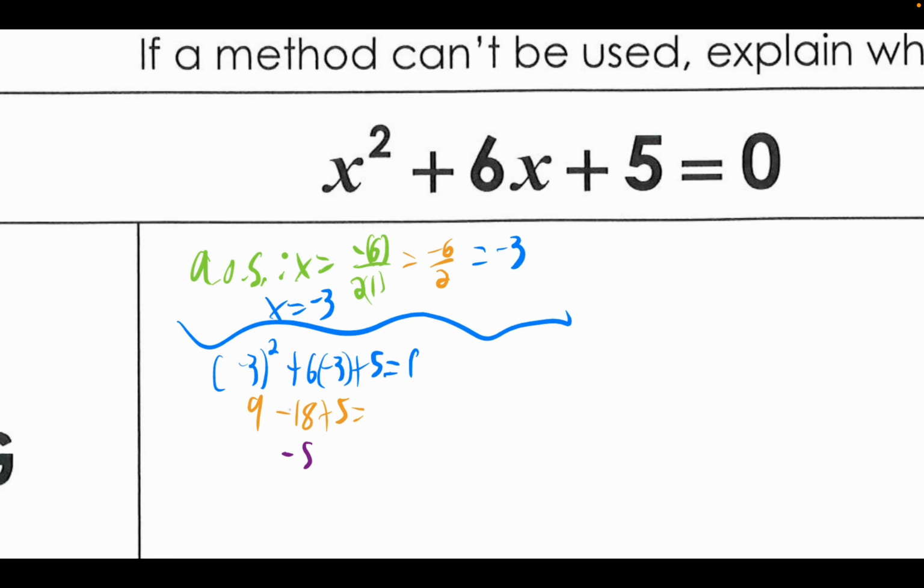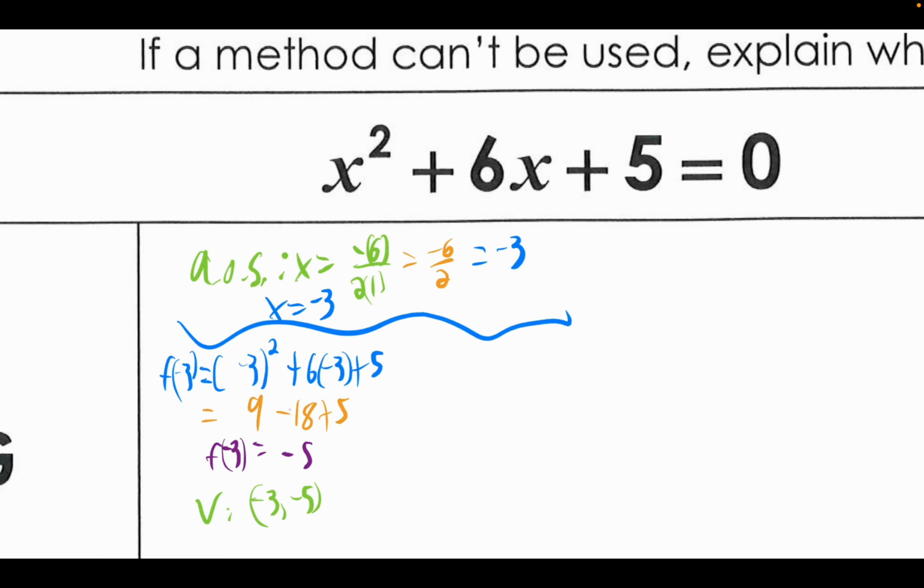And I'll actually put the f of negative 3 on the left-hand side. That's how we typically put it. And so f of negative 3 equals negative 4. And so that means we plugged in negative 3, we got negative 4 out, so that would be our ordered pair for our vertex.